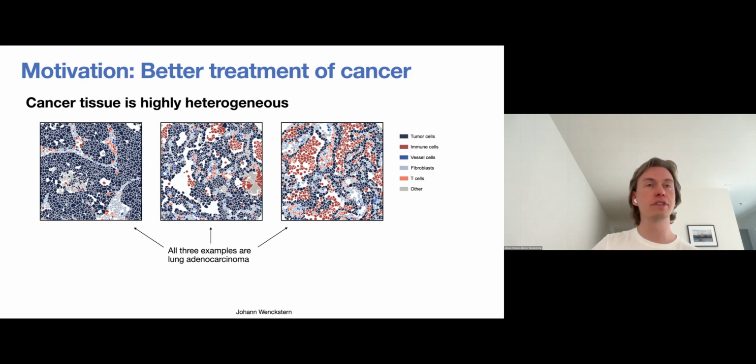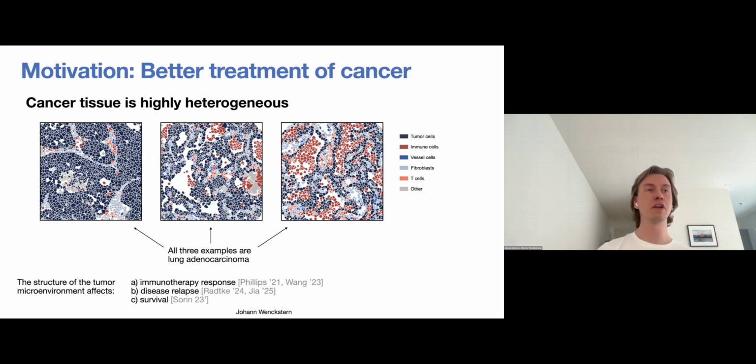And these structures and this heterogeneity matter also extremely for tumor development and clinical decision-making. It has been shown that it affects immunotherapy response, disease relapse, and survival.